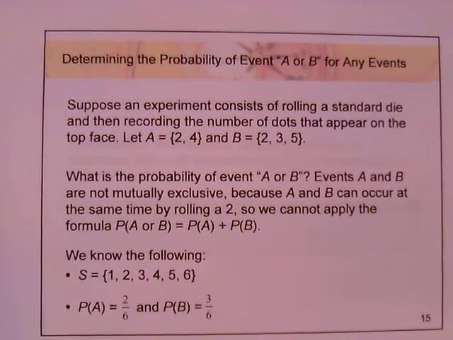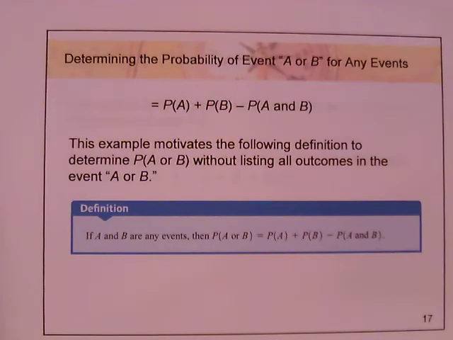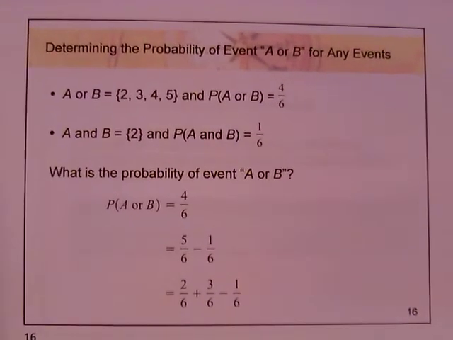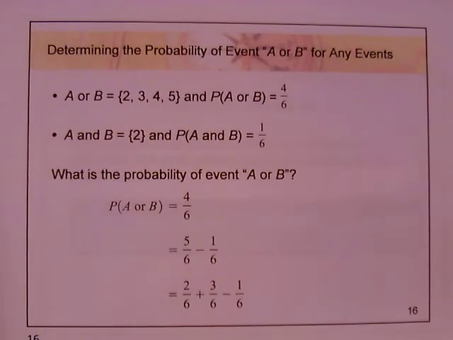All right, next. I'm sorry, forgot this one. Here we go. A or B is going to be this: 2, 3, 4, and 5. You put events A and B together.